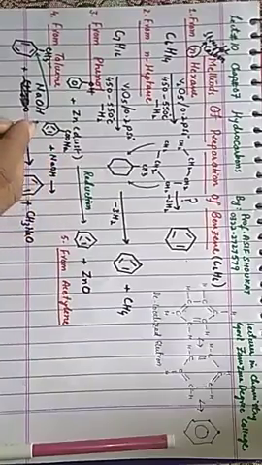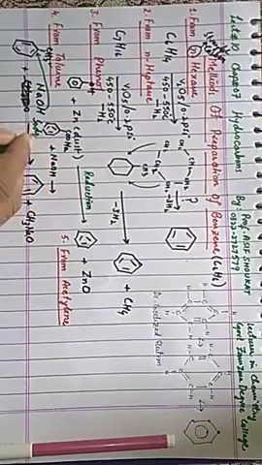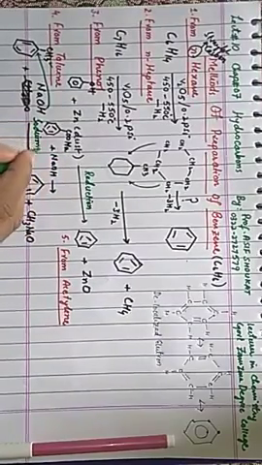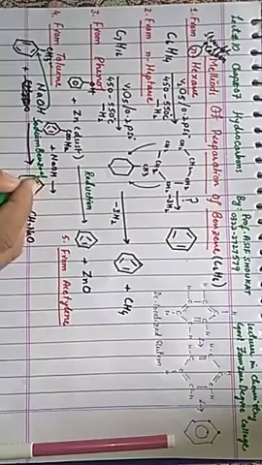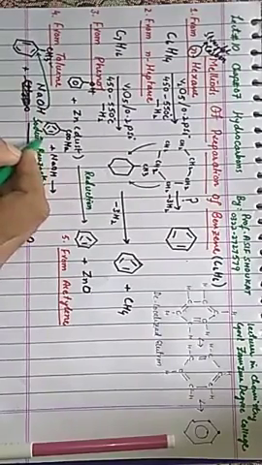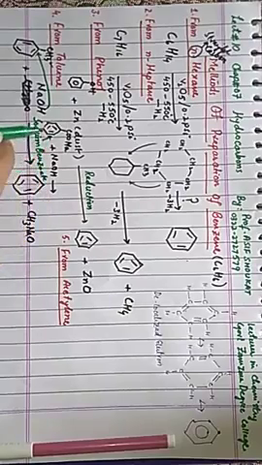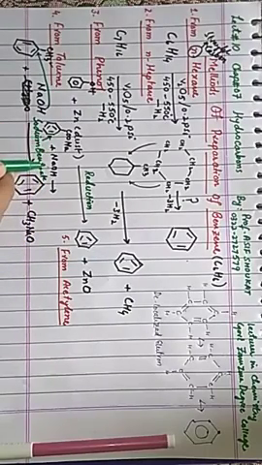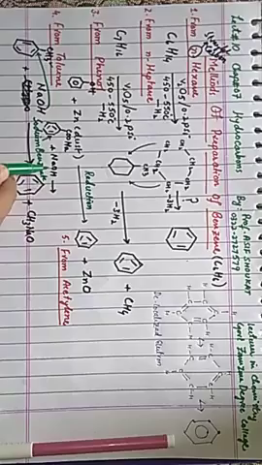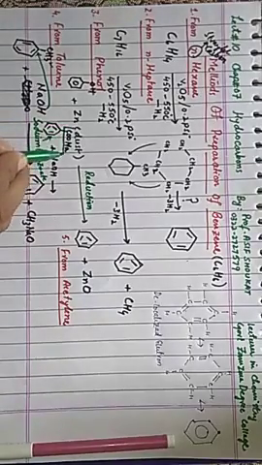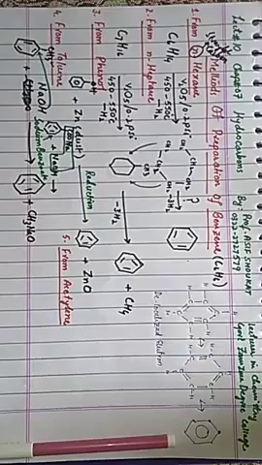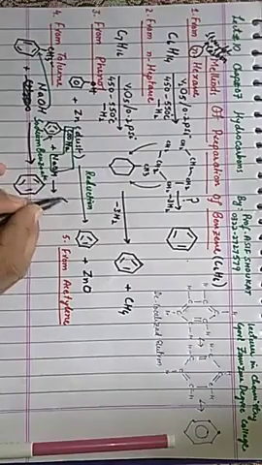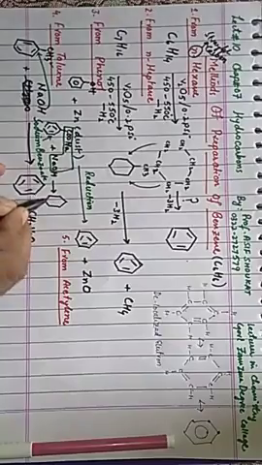I'm just writing the name. Sodium benzoate, when it reacts with NaOH, it will produce in this way. These both will join to make Na2CO3, and the main product is benzene.